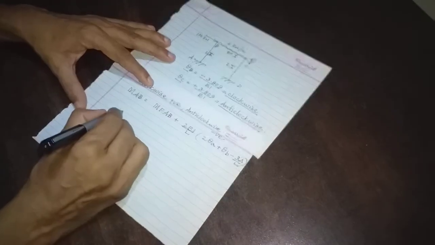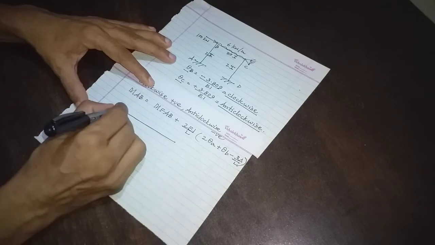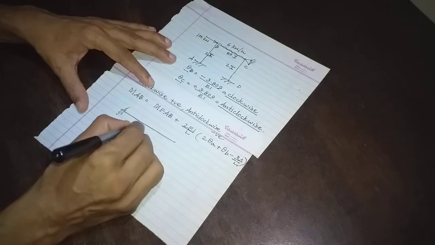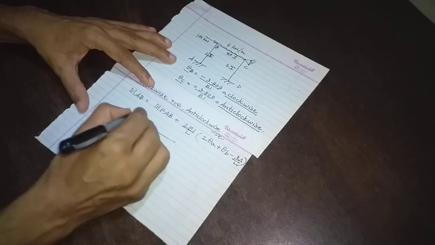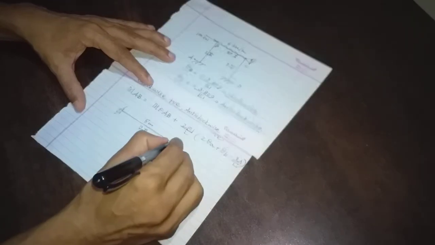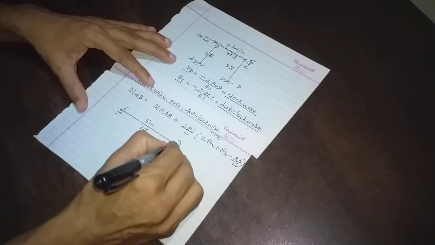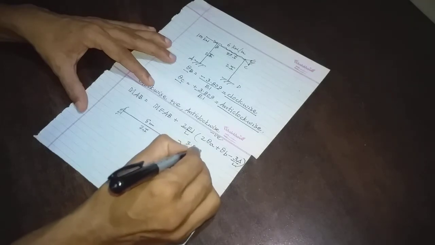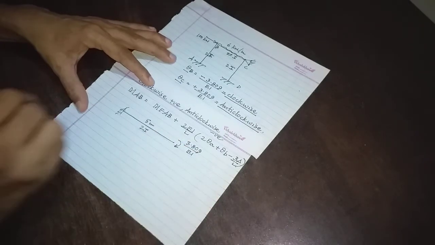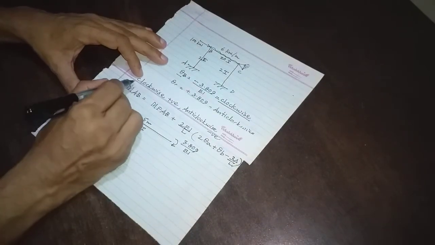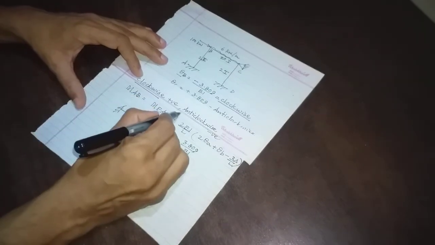Now my friends, let us understand the end conditions for AB. A is fixed, no load on AB, EI is 2EI and length is 5 meters. All these conditions, and theta A is clockwise, 3.809 upon EI. And here in slope deflection equation my sign convention is clockwise positive, anti-clockwise negative.